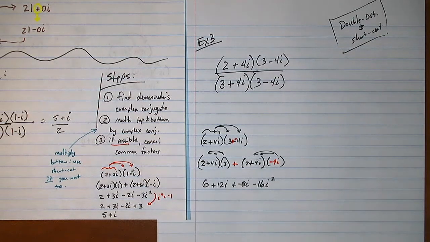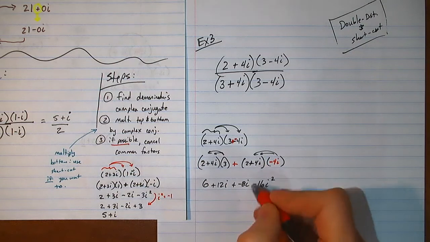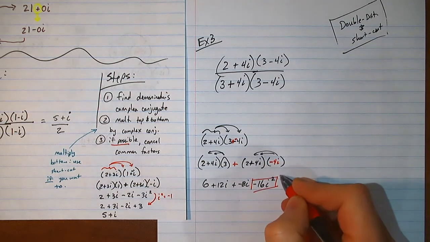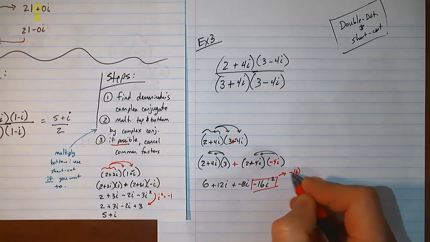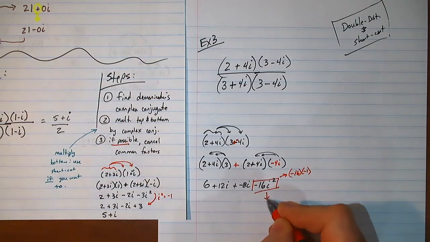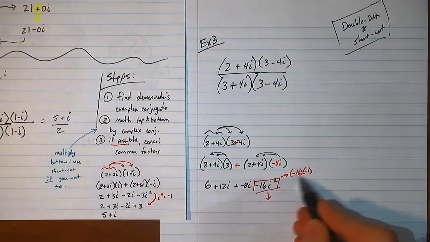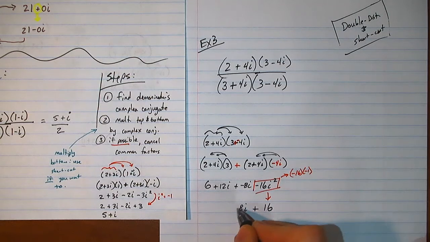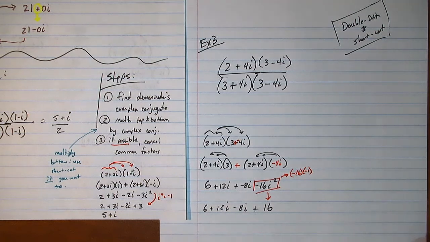Now, as I clean that up, I know that this part here, -16 times i squared, the i squared can become a -1. So I end up with this turning into -16 times -1 becomes a +16. Okay, so I've got that.